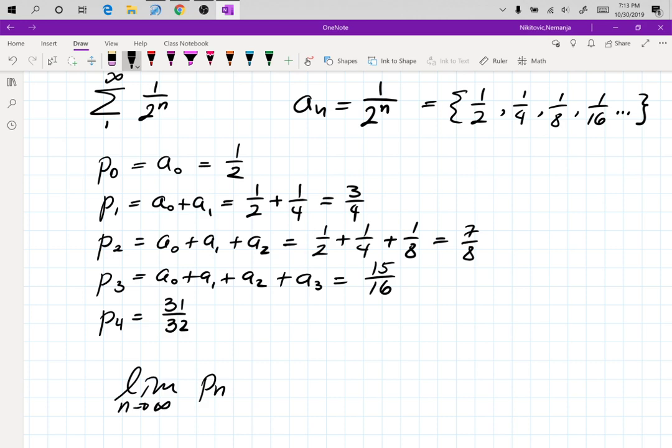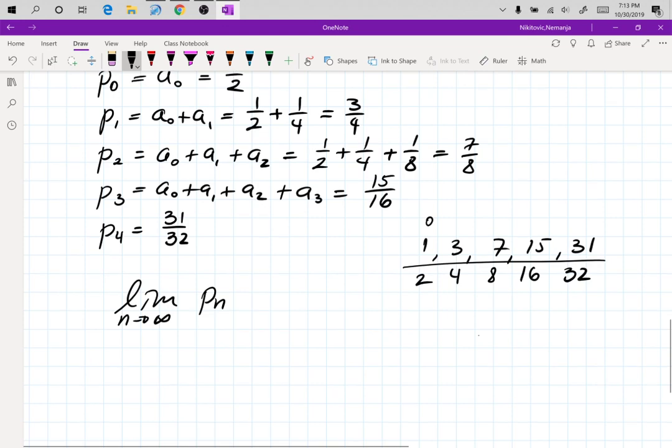So what is my formula? I need to figure out what to do with 1, 3, 7, 15, 31, starting at 0, divided by 2, 4, 8, 16, 32. Those are easy.